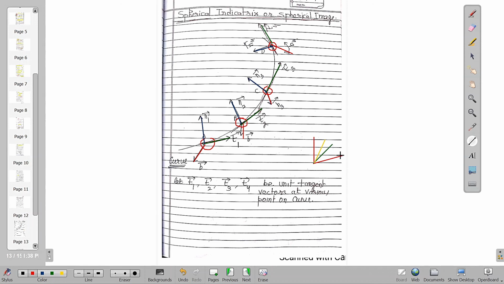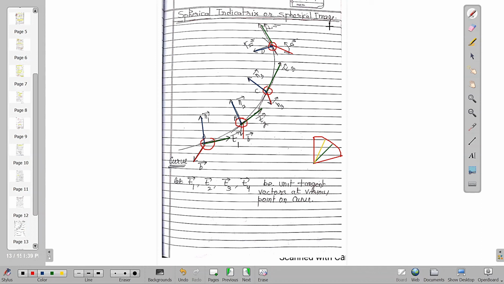Now taking the locus of these points, clear? So what is the locus of these points? When we take the locus of these points, it will be a curve, yeah, it will be a circle of unit radius, and this is called the spherical image. This is basically a sphere, not a circle, so that is called a spherical image.